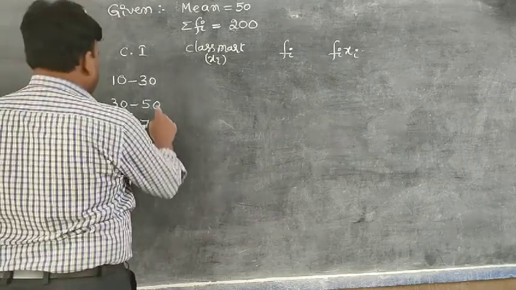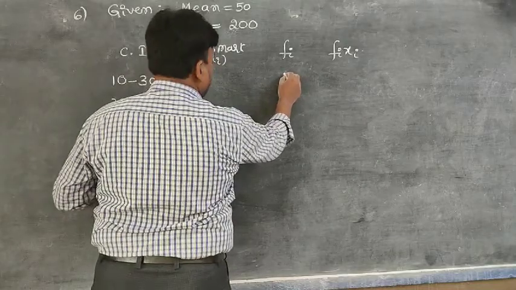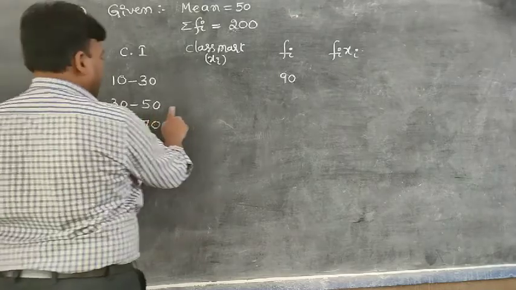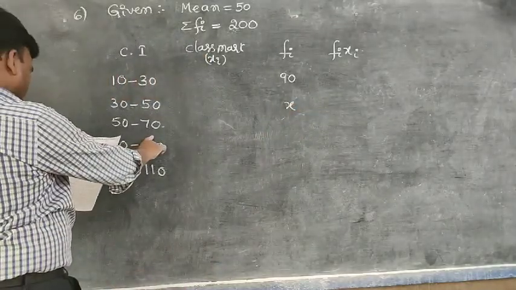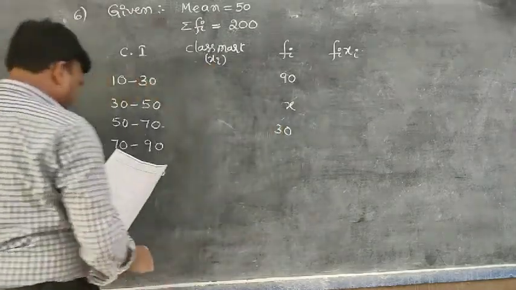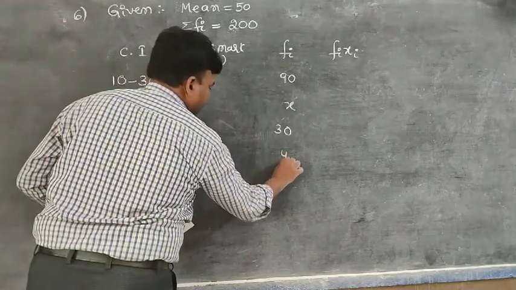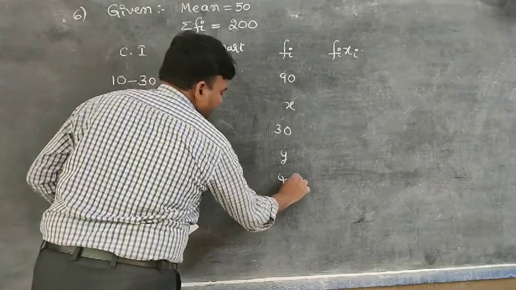Yes, the frequency of 10 to 30 is 90. Next, 30 to 50 is x. Next, 50 to 70 is 30. Next, 70 to 90 is y. And 90 to 110 is 40.